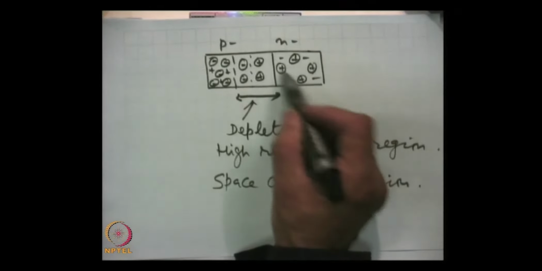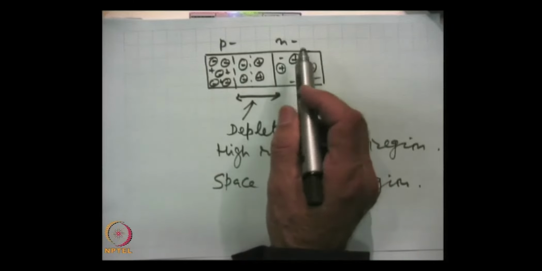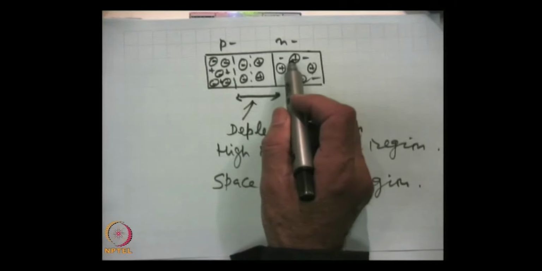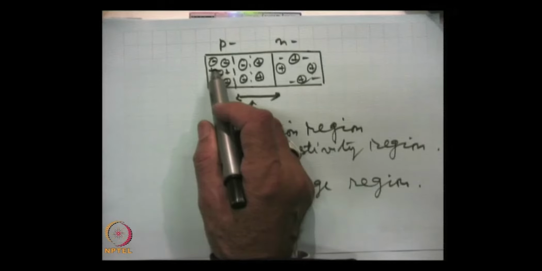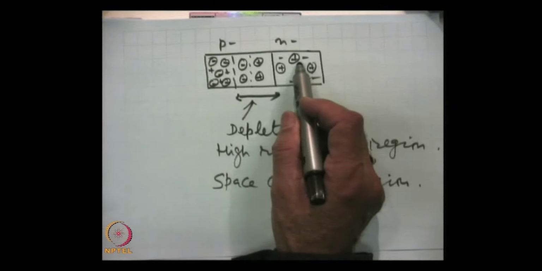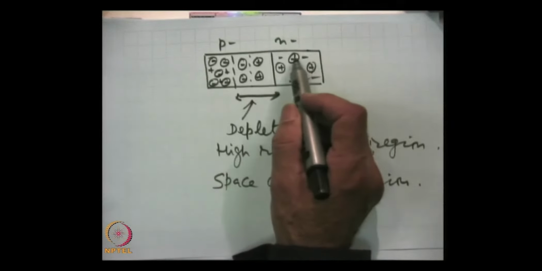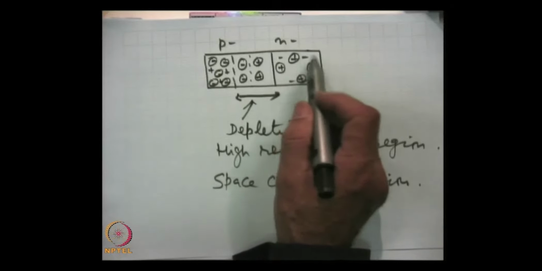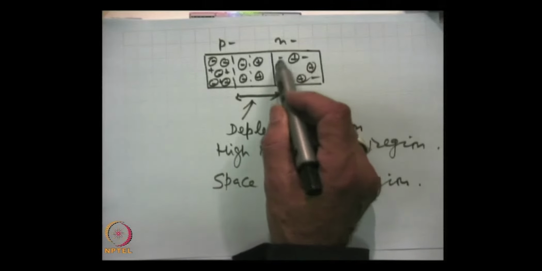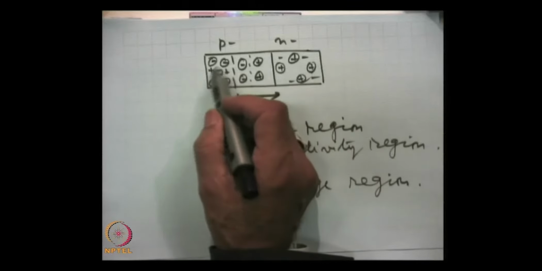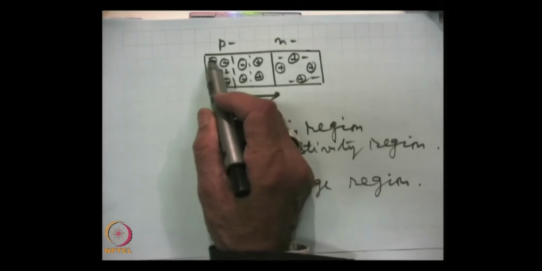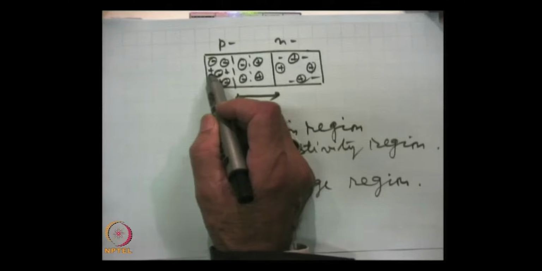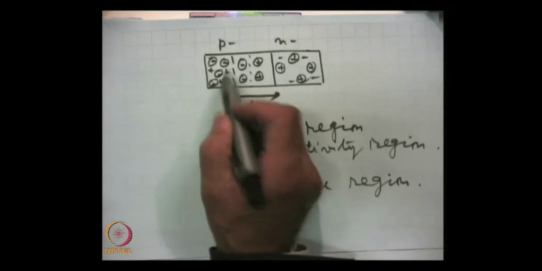Here it is neutral. There are positive ions here and negative ions here, but the effect of the positive ions is neutralized in general because of the mobile electrons. Here the effect of negative ions is neutralized by the presence of holes.